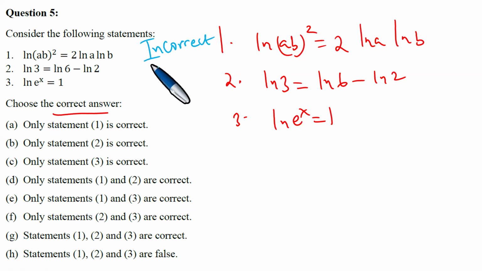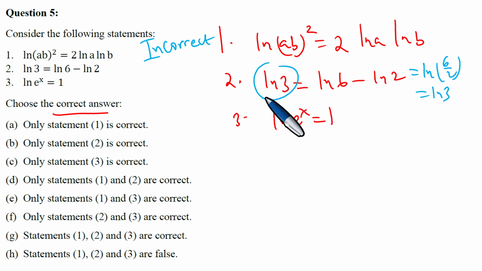So the first one itself is certainly incorrect. And now this ln here is the ln of 6/2, and 6 divided by 2 is 3, so that we have ln 3. Indeed, this is ln 3, so we are making a recap on the fact that this is indeed the correct result.